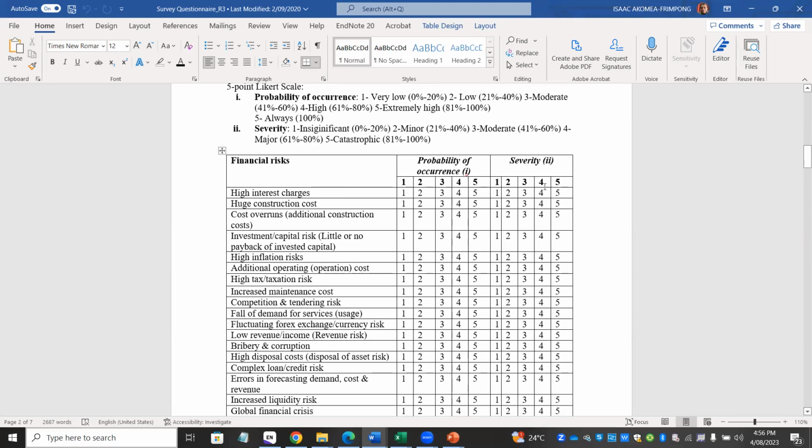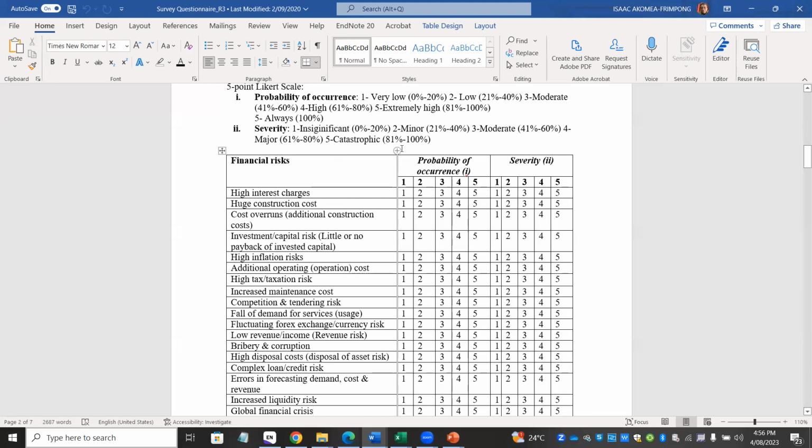When we rated them, we have meanings for each of the numbers that we put there. For example, here 1 with respect to probability of occurrence means very low, and 5 means extremely high. When it comes to severity, 1 means insignificant and 5 means catastrophic.